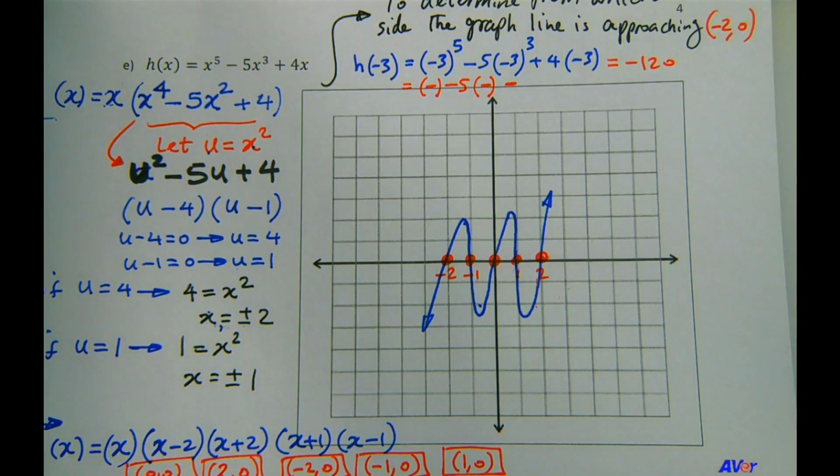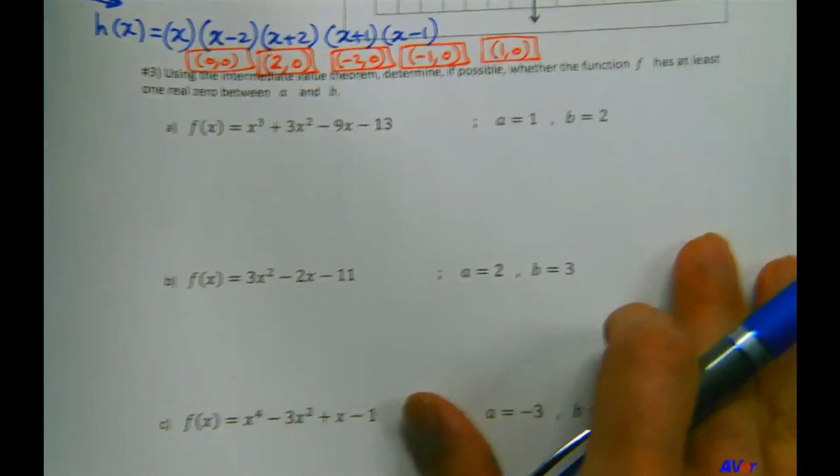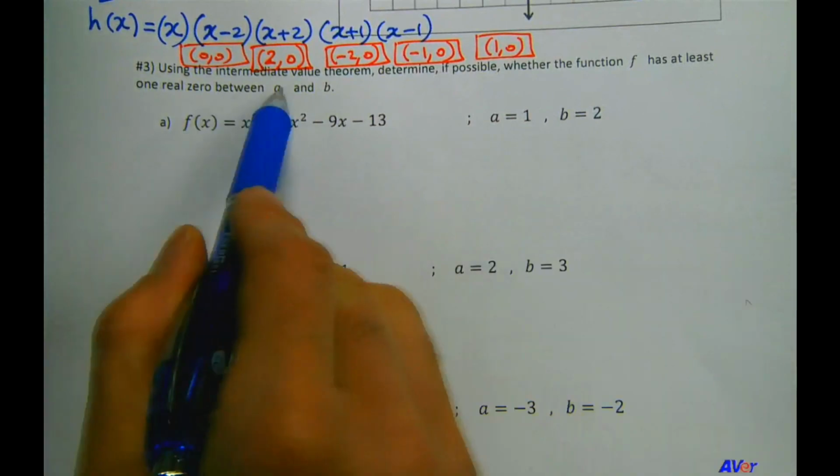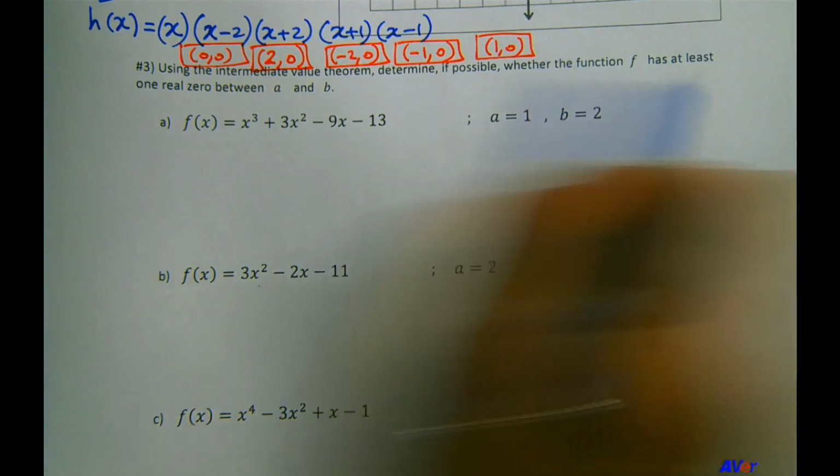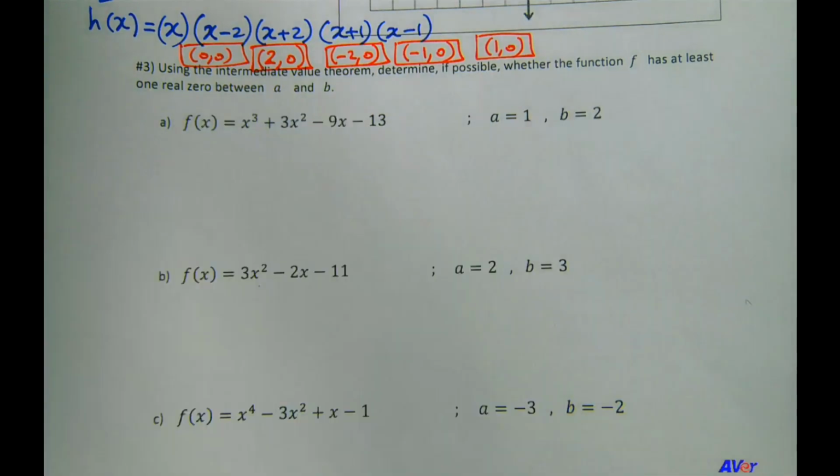Okay. All right. So next, the example is using the intermediate value theorem. Remember that? We talked about that. Determine, if possible, whether the function f has at least one real zero between a and b.